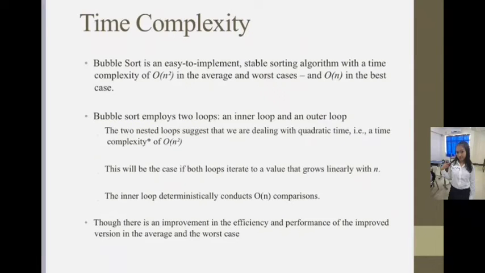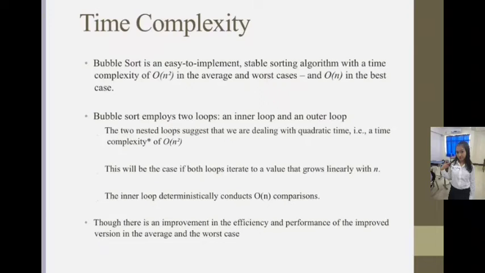Time complexity in bubble sort. Bubble sort is easy to implement, and is a stable sorting algorithm with a time complexity of O(n^2) in the average and worst case, and O(n) in the best case. Bubble sort employs two loops, an inner loop and an outer loop.